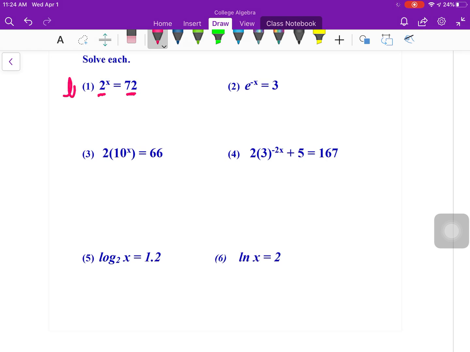Now we can do this a couple of ways. If we would log base 2, this would reduce out. So if I log base 2 on this side, I must log base 2 on the other side. So log base 2 reduces. So I have my x equals log base 2 of 72. And then I put that in my calculator.